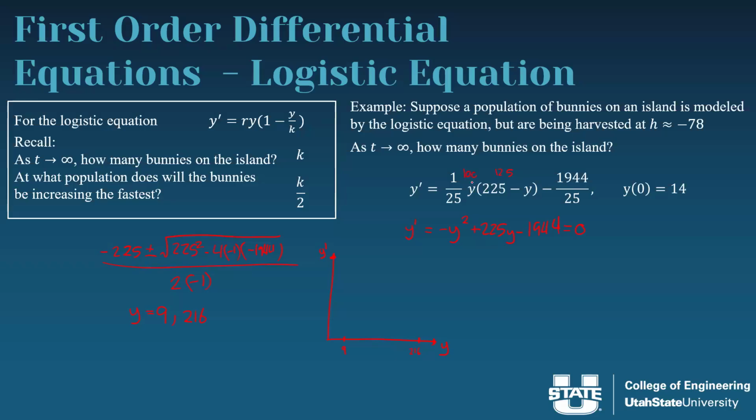Sorry, I should actually do the math. 125 times 100, 225 minus 100, minus 1944 over 25.